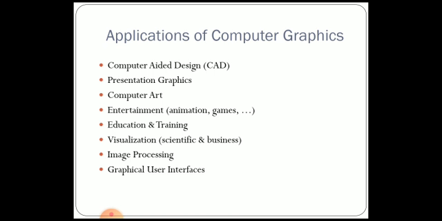If you can apply computer graphics here, you can visualize the data properly and correctly. Based on that visualized data and information, you can make appropriate decisions, which of course will help you in prospering.